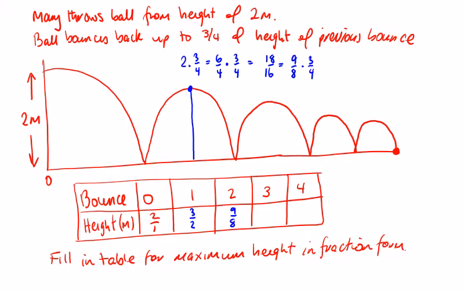We're going to get 27/32. That doesn't simplify. I'm multiplying 27/32, which gives me this height here, by 3/4. 3 27s are 81 and 4 32s are 128, and that doesn't simplify either. So that's the table.